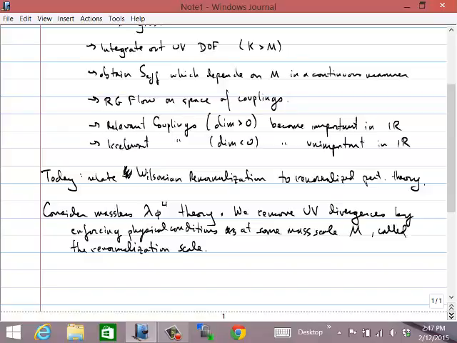And in particular, as we'll see, if you think about the dependence of coupling constants on the renormalization scale, you have the exact same flow in the space of couplings when you think in terms of renormalized perturbation theory as you do in Wilsonian effective theory when you think in terms of integrating out ultraviolet degrees of freedom. So let's just see exactly how that works. And I'll work this out in a very simple example so that you can see, hopefully completely explicitly, how this works.